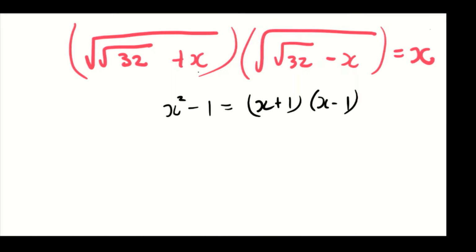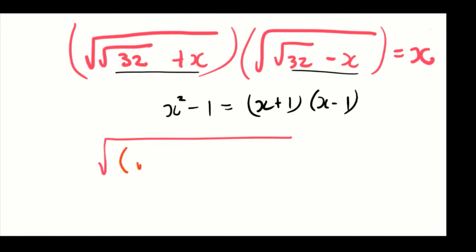So you're just going to do the same thing inside here, and we'll use one bracket. So it's just going to be this big bracket here and a difference of two squares inside. So it's just going to be the root of 32 plus x and the root of 32 minus x, and then equals to x, right?